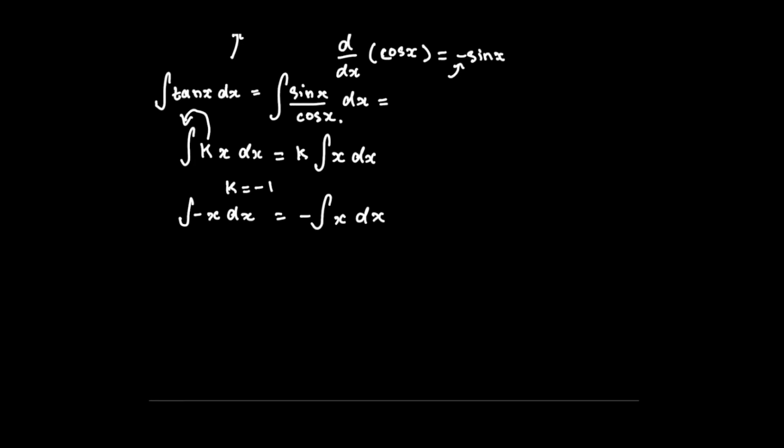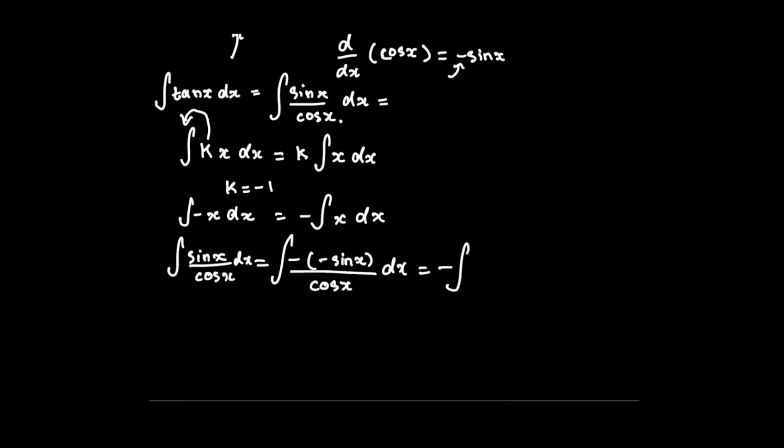So we can write the integral of sine x over cos x as the negative integral of negative sine x over cos x. This is the same thing as sine x over cos x. Let's not forget the dx here. This can be written as negative of negative sine x over cos x dx.